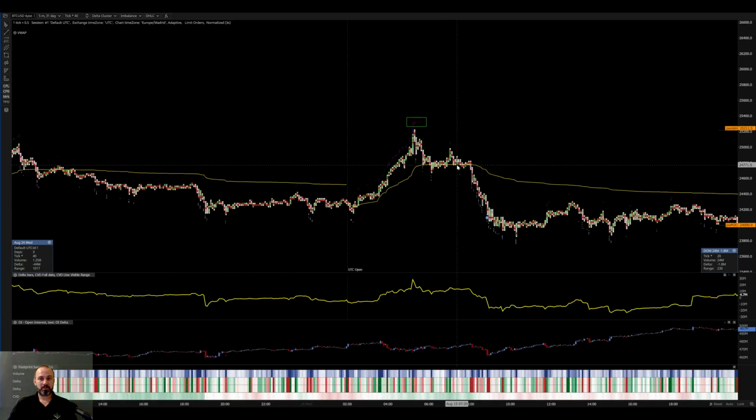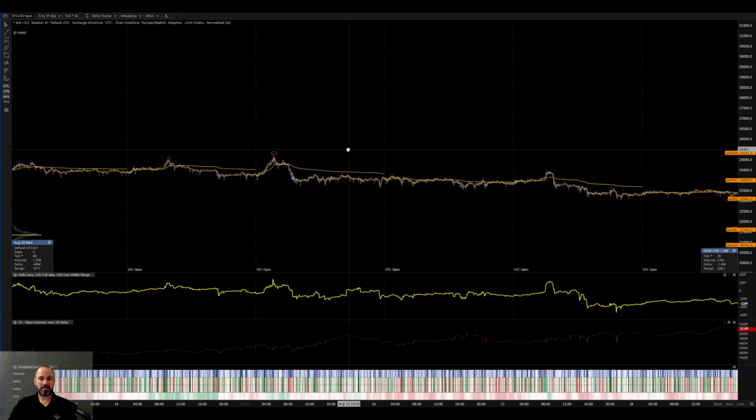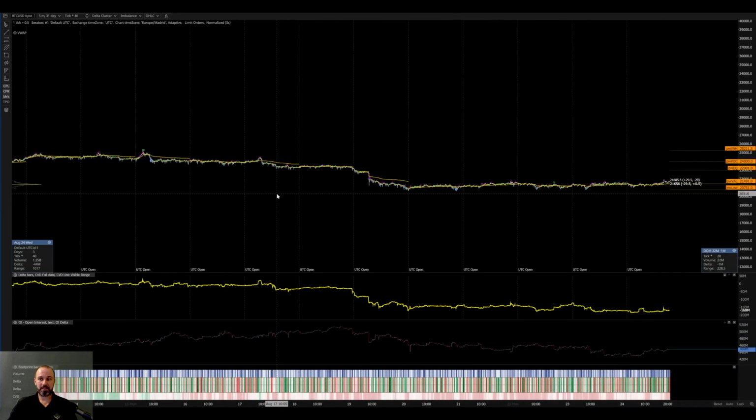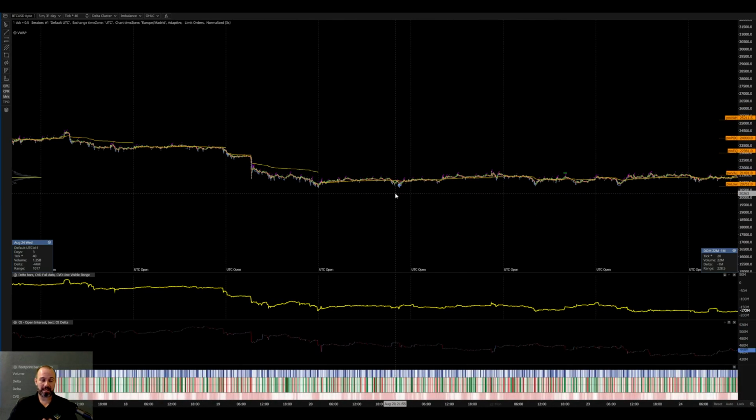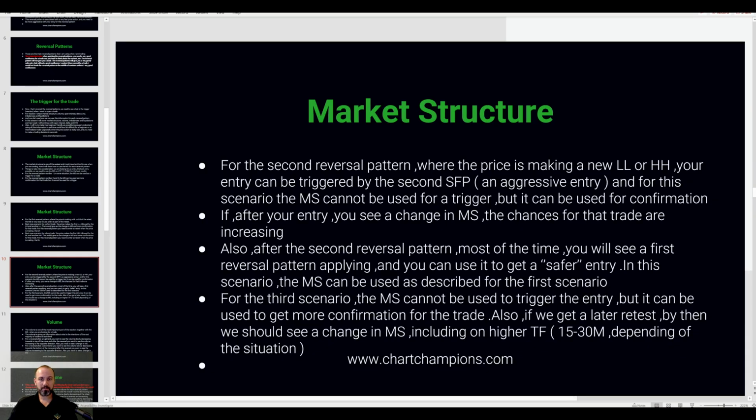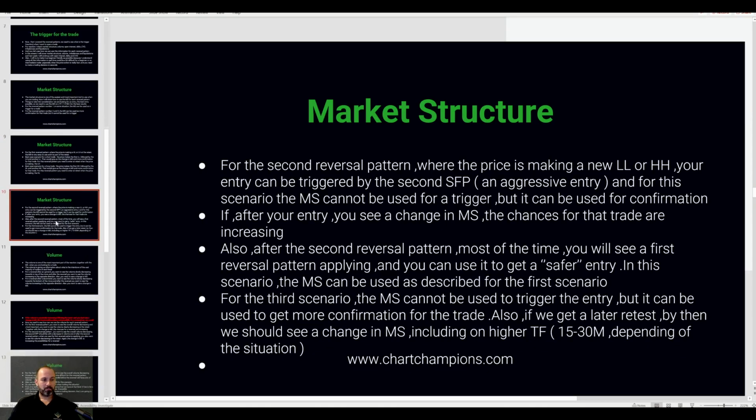Okay, so that would be the third reversal pattern, the last one that I added to the reversal patterns.